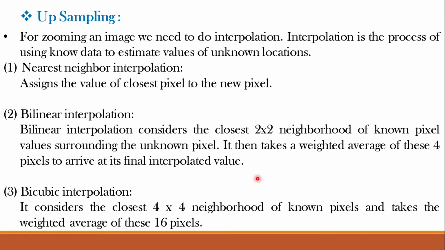So that means it considers 4 nearby pixels. And bicubic interpolation further goes ahead and considers 16 nearby pixels, and then gives the value. So obviously bicubic interpolation will be giving better results in zooming as compared to bilinear and nearest neighbor interpolation. But of course, the processing requirements will increase for bicubic interpolation.